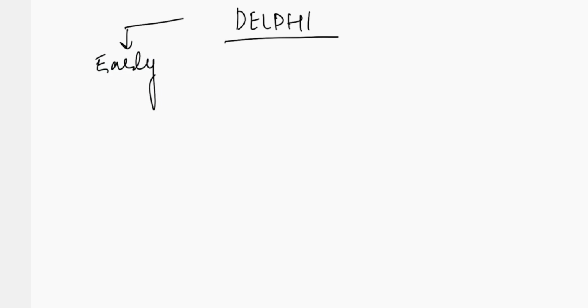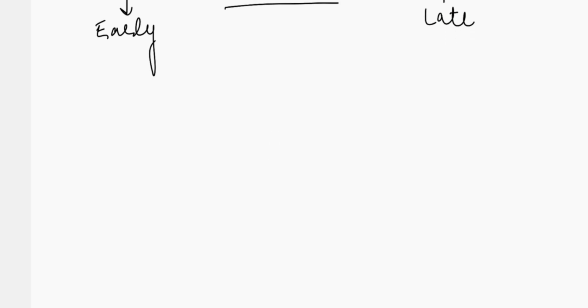Now we have divided FGR into early onset and late onset according to the Delphi consensus system. So here we are talking about early onset. What is early onset FGR? It is less than 32 weeks.